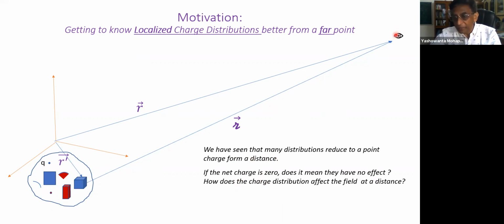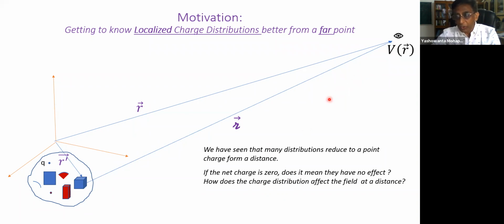How does the charge distribution affect the field at a distance? In fact, it's an urgent question because most of the bodies that I deal with, whether in astronomy or in daily life, are neutral. Their net charge is zero. That doesn't mean that the charges they consist of have no effect on me, where I'm viewing. So that's the basic motivation.